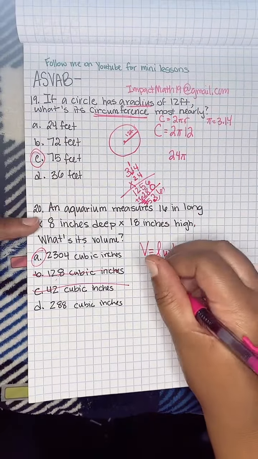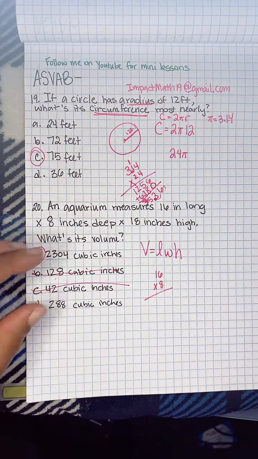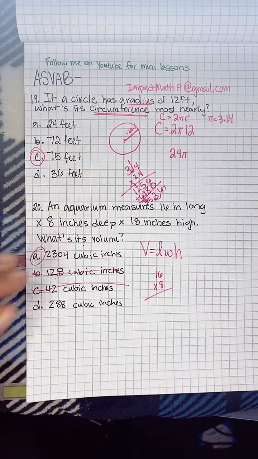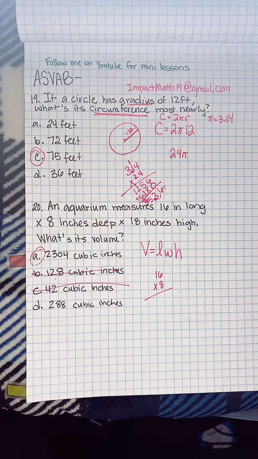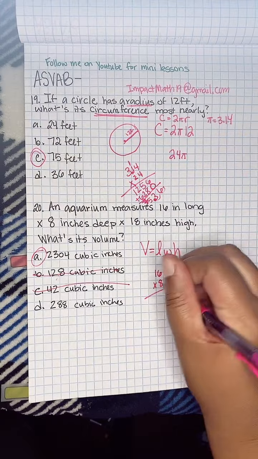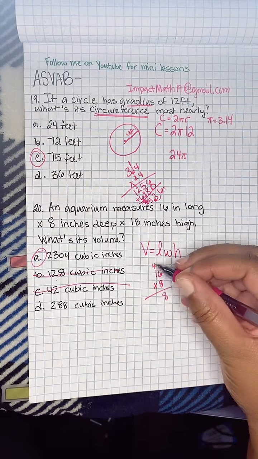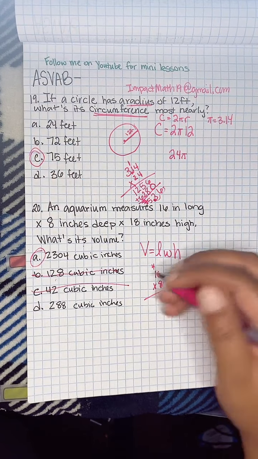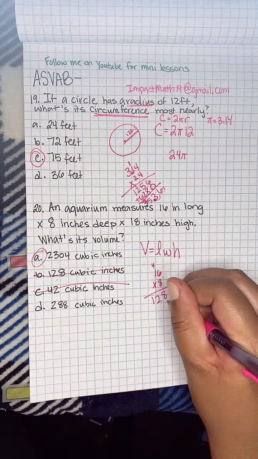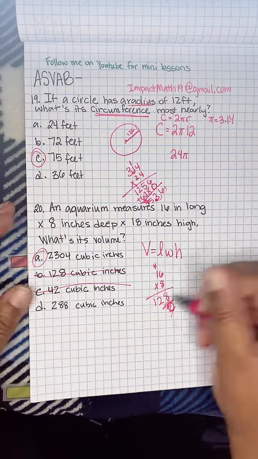Okay, but let me show you guys. So if we do 16 times 8, again, this is asking: do the numbers that they're giving you make sense to the problem? So 8 times 6 is 48, carry the 4. 8 times 1 is 8 plus 4 is 12, 128.